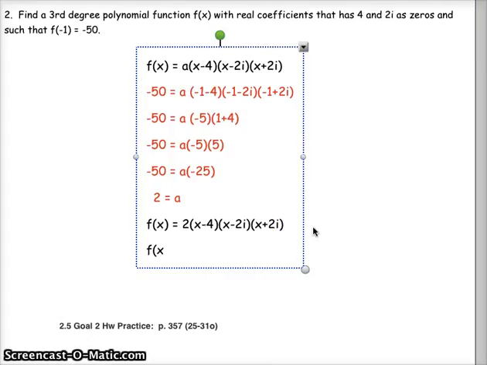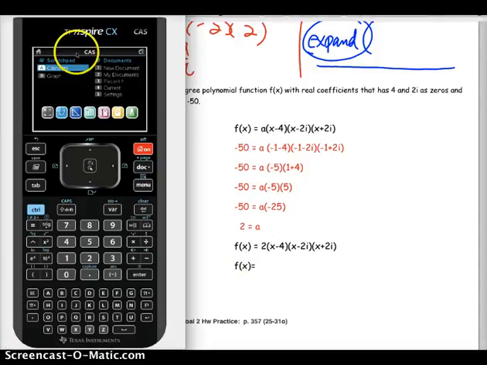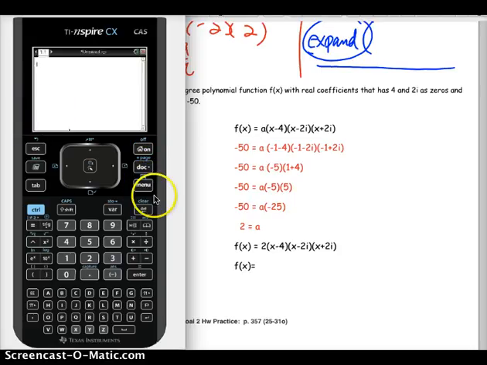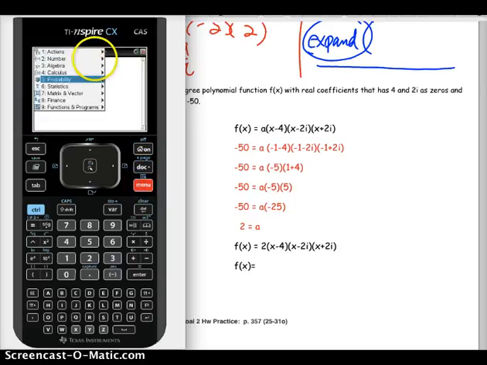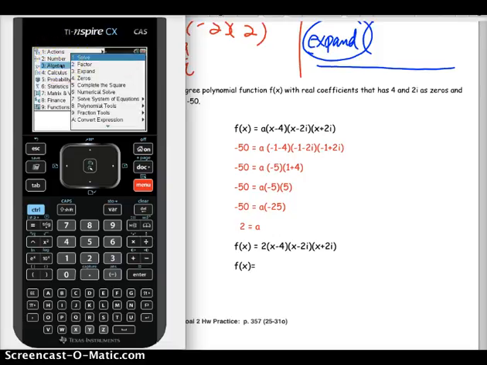F of x. Oh, actually, I told you that when you get to this point, you're allowed to use the expand function on your calculator, so I want to show you how to do that now. Okay, from your home screen, open a new calculator, and under menu, you'll go to Algebra, Expand.